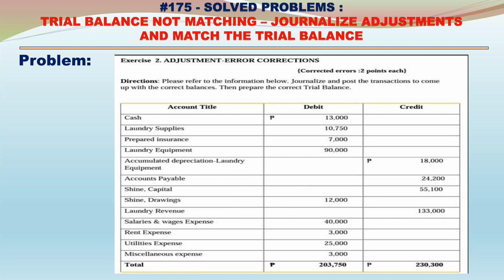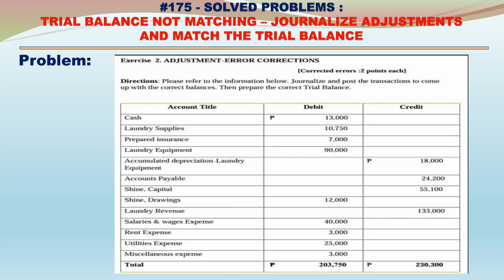Account title, debit, credit. Cash, 13,000, debit. Laundry supplies, 10,750, debit. Prepaid insurance, 7,000, debit. Laundry equipment, 90,000, debit. Accumulated depreciation, laundry equipment, 18,000, credit. Accounts payable, 24,200, credit. Shine capital, 55,100, credit.